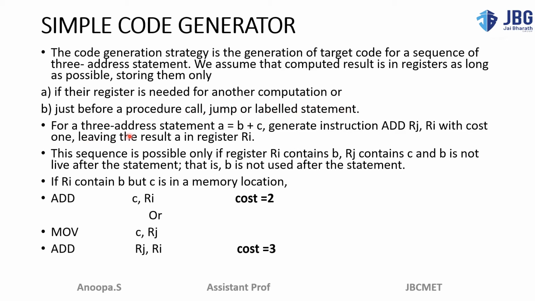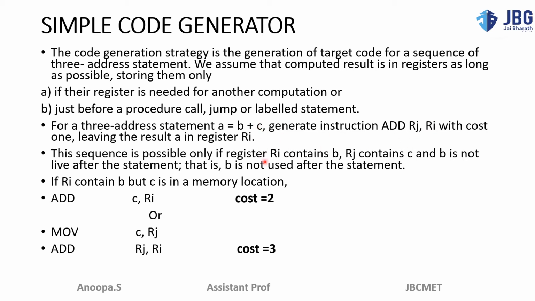Now for a 3 address statement a equal to b plus c, we'll generate the instruction add Rj, Ri with cost 1, leaving the result in register Ra. So what will we do? For a equal to b plus c, we will generate add Rj, Ri, with cost 1, leaving the result in register Ra.